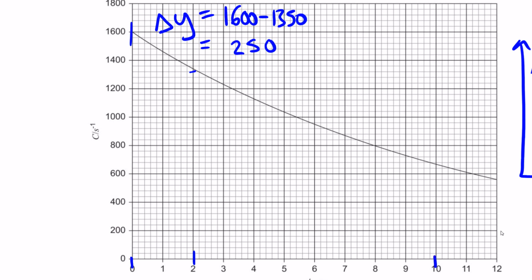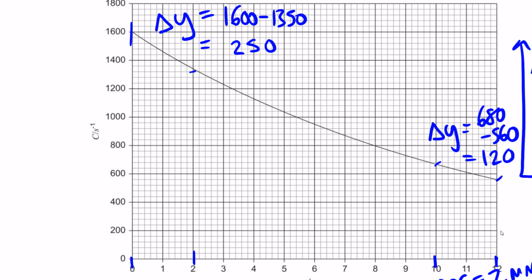Do the same again from 10 to 12. There, delta x again is 2 millimeters. Our delta y on the other hand is about 680 minus 560, which comes out as 120.